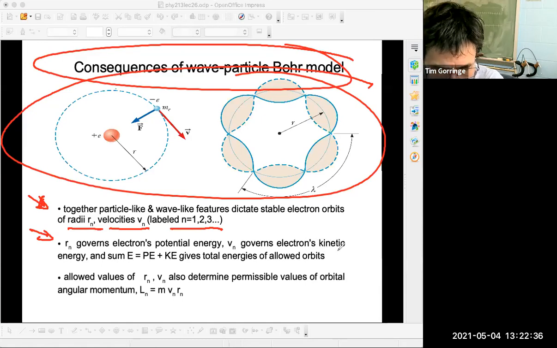And then finally, the sum of the potential energy determined by Rn and the kinetic energy determined by Vn is going to govern the total energy associated with that particular orbit. So this is important, that these allowed orbits have corresponding allowed energies. And so there are only going to be certain allowed energies, and we're going to call those En.